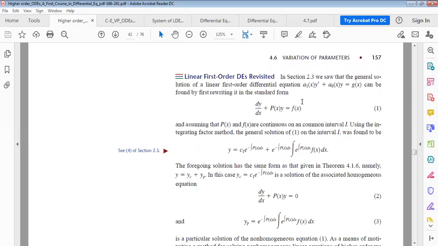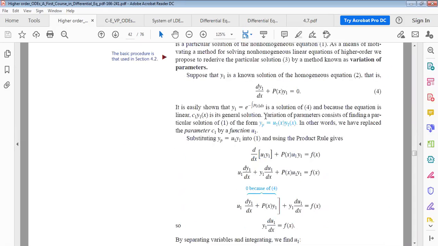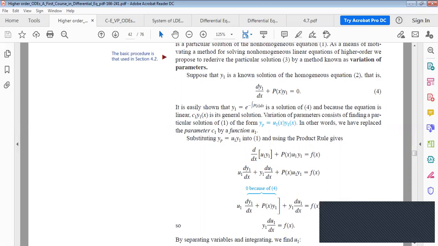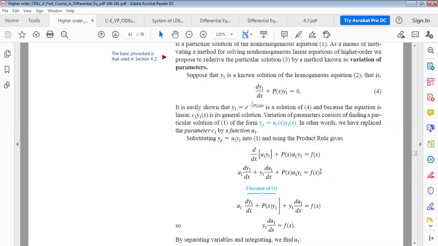This is actually the UV process, which you must know: u into differentiation of v plus v into differentiation of u. Then we get this by the product rule. We can write this one.